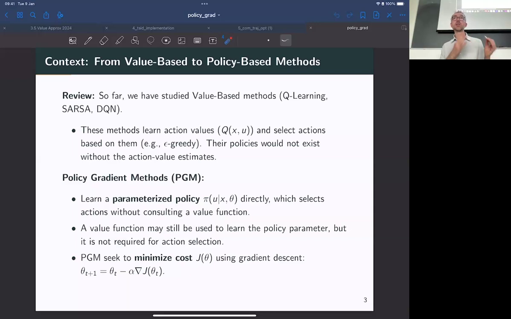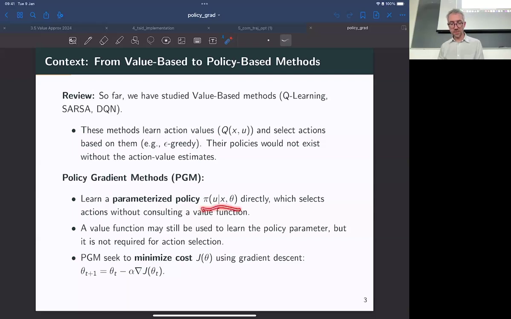We directly learn the policy, which makes a lot of sense if you think about it, because in the end, our final goal has always been to learn the policy. So the action value function was just an intermediate goal through which we could then learn the policy later. And policy gradient methods do exactly that.